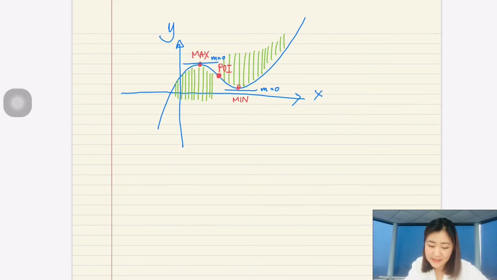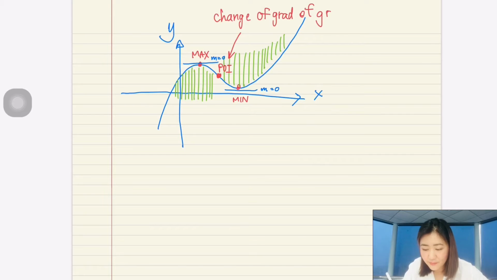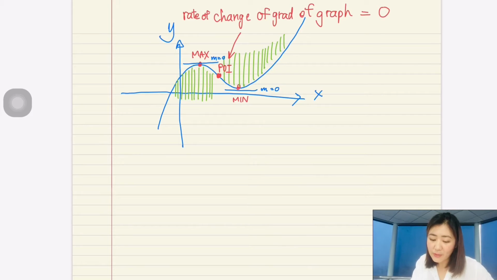Therefore, at this point of inflection, the rate of change of the gradient of the graph equals 0. Word by word: what is the gradient of the graph?